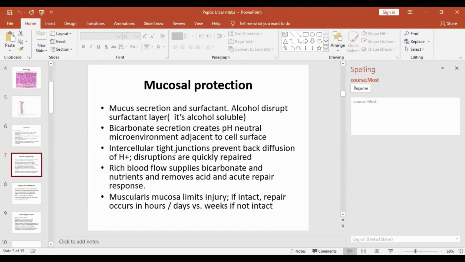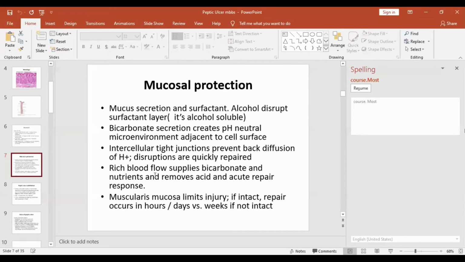Then the intercellular tight junctions between the cells, so nothing permeates through and it prevents back diffusion of hydrogen ion. If there is any disruption, it is quickly repaired. The hydrogen ions don't go through, because the pH is quite low and it would damage the mucosa. That's why this tight junction is there.